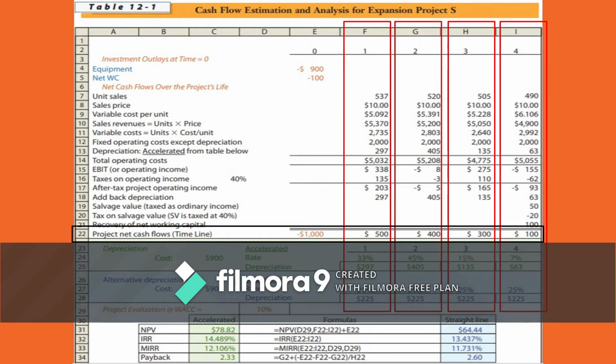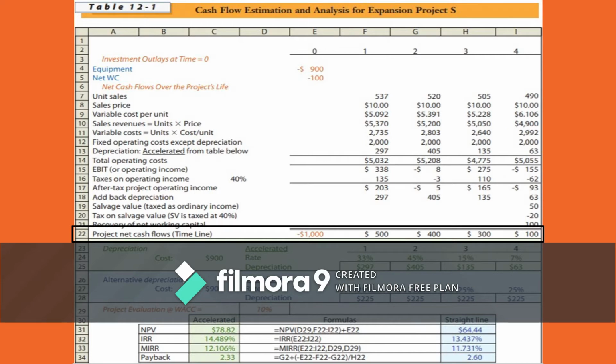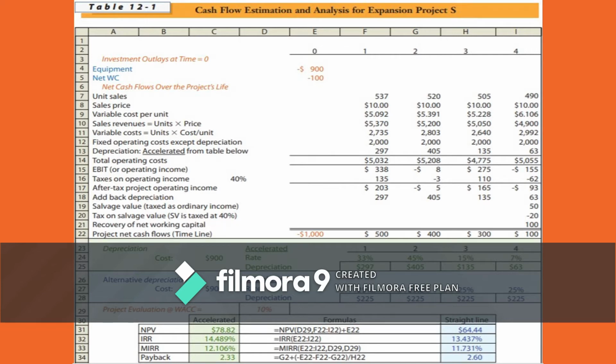The numbers in cells E22 through I22 amount to a cash flow timeline, and they are the same numbers used in Chapter 11 for Project S. Since the numbers are the same, the NPV, IRR, MIRR, and payback shown in cells C31 through C34 are the same as those we calculated in Chapter 11.